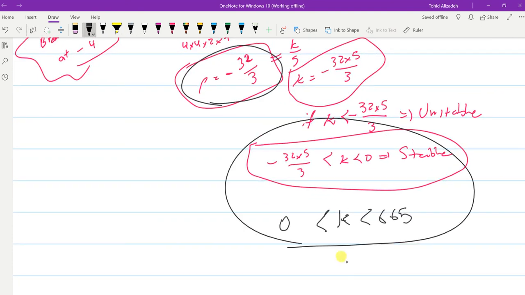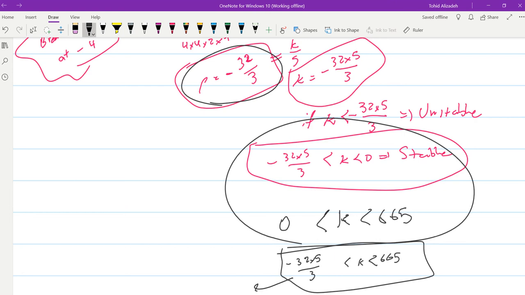Therefore for k between these two values the closed loop system will be stable, and for k outside of this range the closed loop system will become unstable, either with one unstable closed loop pole on this side or with two unstable closed loop poles from the other side.